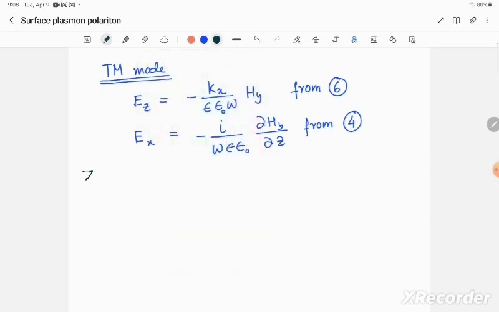So we have for z greater than 0, that is, we are sitting in the dielectric. In this case, let's define the H. H will have the standard form that we have thought of. So we have Ad, which is some constant, let's say some amplitude, and we have the propagation along x, and we have the other term, which is basically the evanescent term, which is minus kd z.